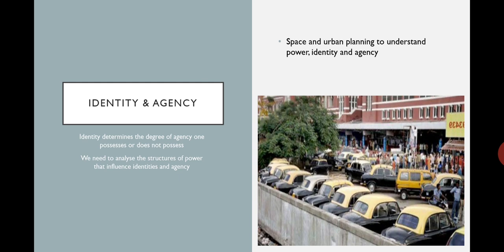Your identity as a car owner determines the degree of the agency that you possess, and if you don't have a car, you don't possess that agency. This is the message that is coming through in this particular representation. Culture studies analyzes the structures of power that influence identities and agency.